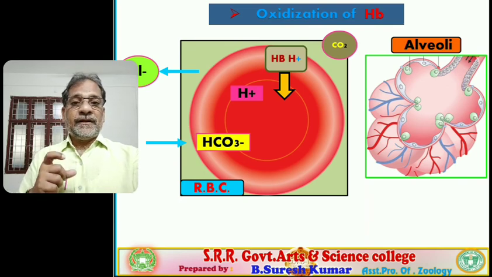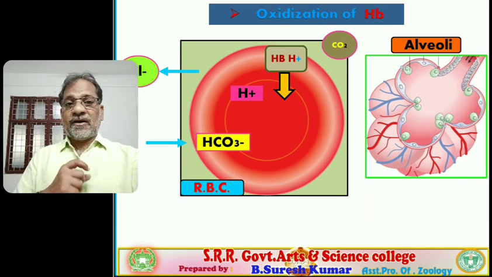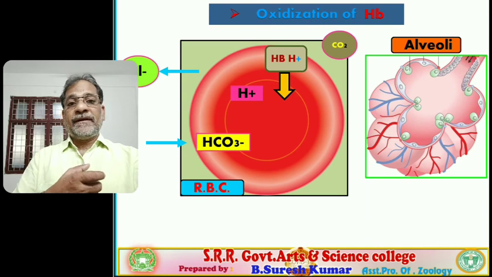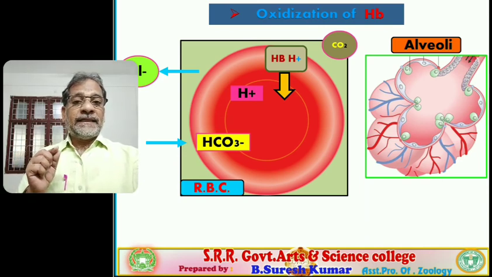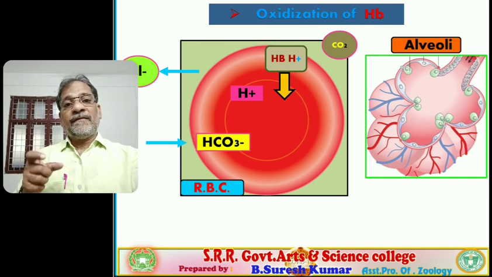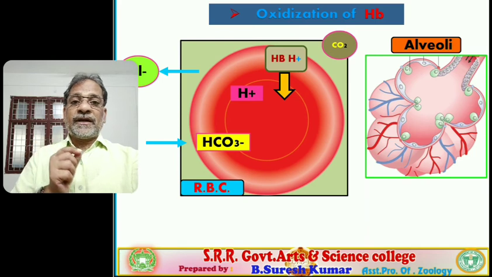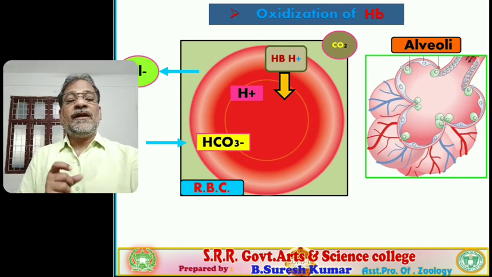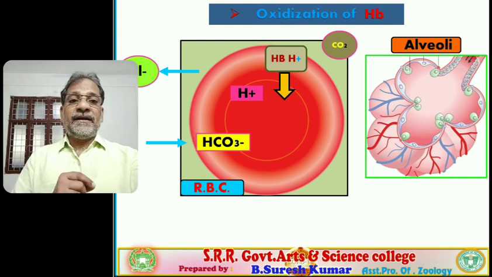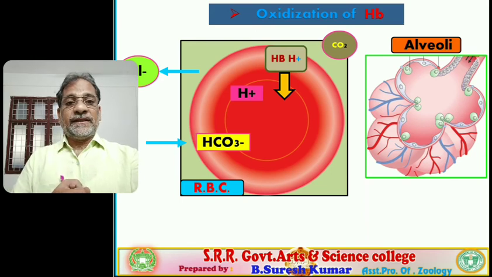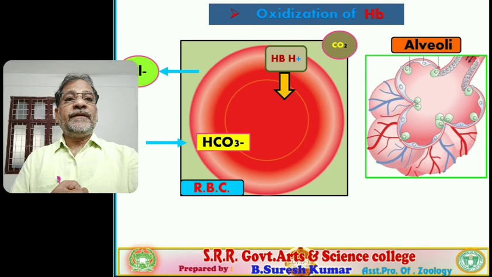Follow? So the hemoglobin molecule at alveoli picks up oxygen and releases H plus ion, and simultaneously the carbamino hemoglobin also splits and releases carbon dioxide. At alveoli, the hemoglobin releases H plus ions and carbon dioxide and picks up what? Oxygen. Followed? Right. That is oxidation of hemoglobin.